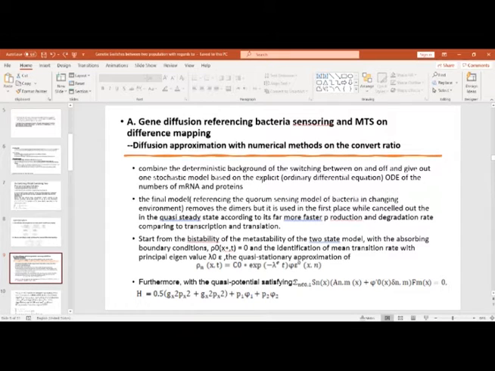There is some more introduction on the diffusion method.